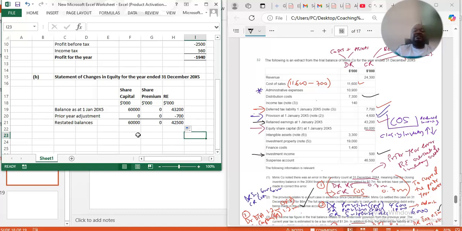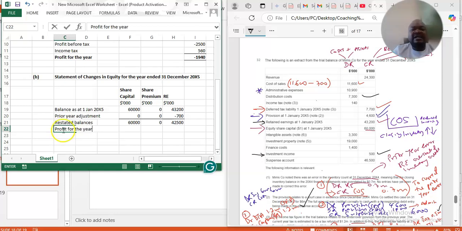Now, once we have done that, ladies and gentlemen, we then have to ask ourselves what is going to be the next figure. All these will be led by the computations which we have already done. Okay, for example, like the profit for the year.